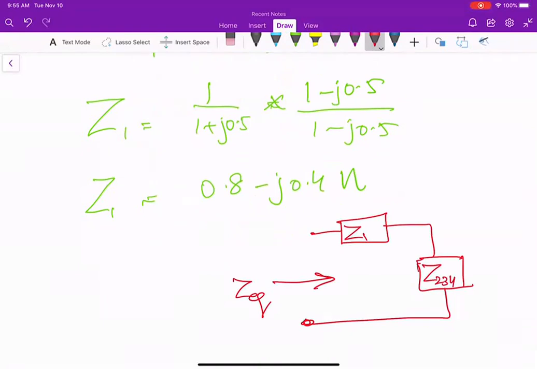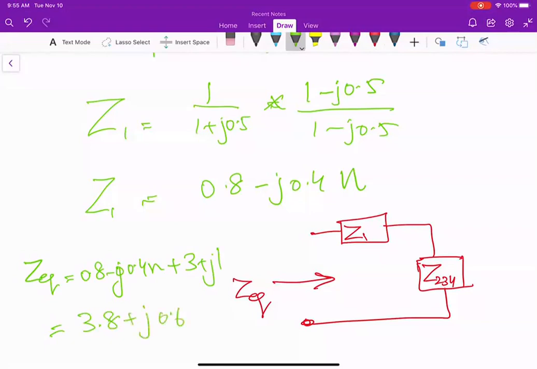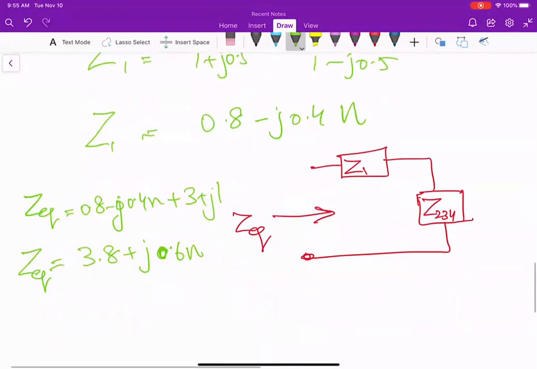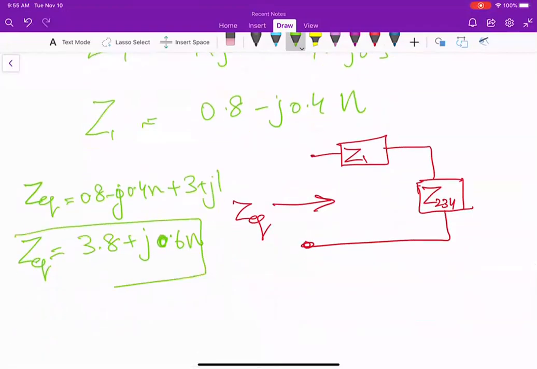Our equivalent impedance will be Z1 plus 3 plus j1, so it should be 3.8 plus j0.6 ohms. So that's our equivalent impedance for the circuit.